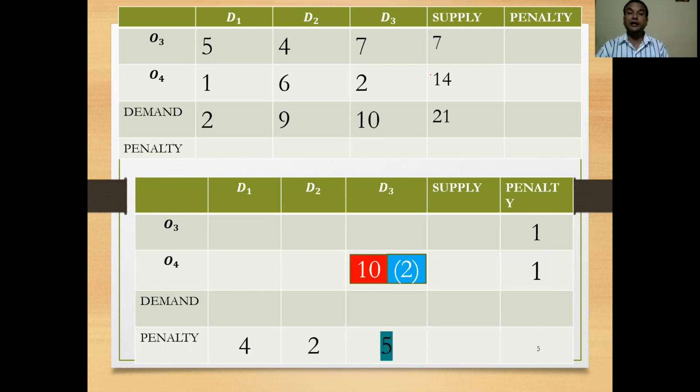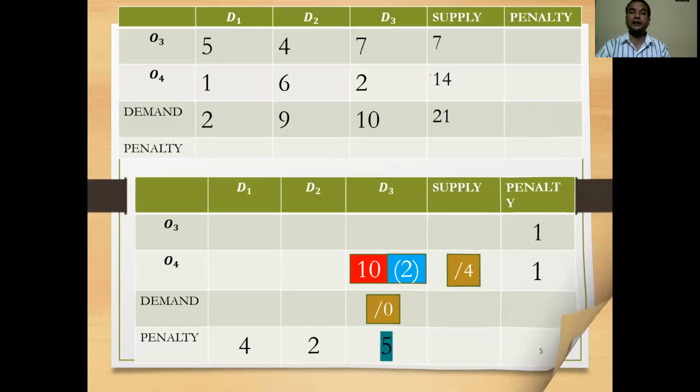After distributing 10 items, the total requirement of 10 becomes 0, and out of these 14 available items in origin 4, 10 items have been supplied, therefore 4 items will still be there. Okay, this requirement of destination 3 becomes 0, and supply items available in origin 4 is still 4, meaning some items are still available there. So let us proceed to the next slide then.